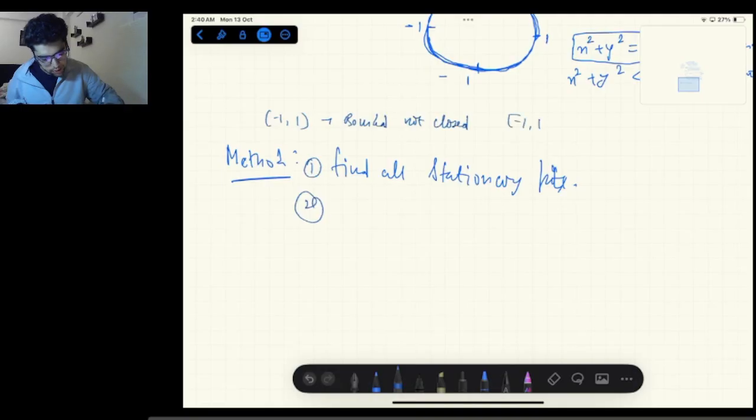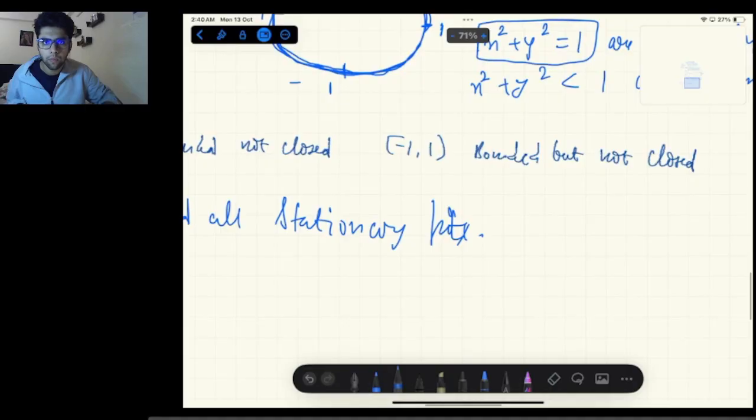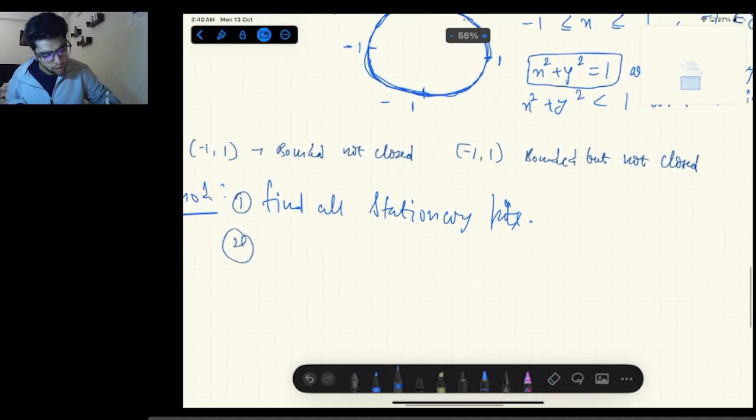This is again bounded but not closed on both sides, so it is not closed. Bounded but not closed. And this is both bounded and closed, right? So we will say that this is bounded and closed.